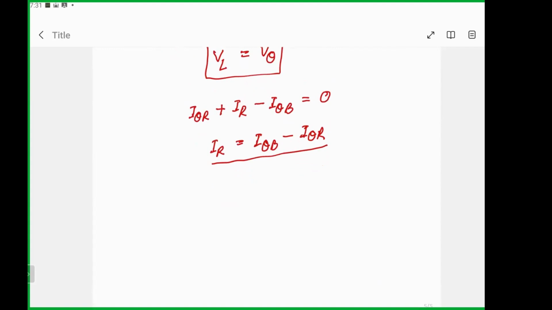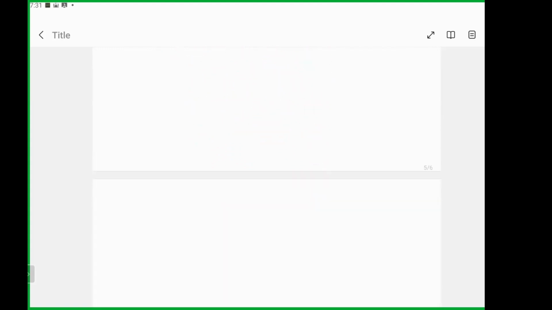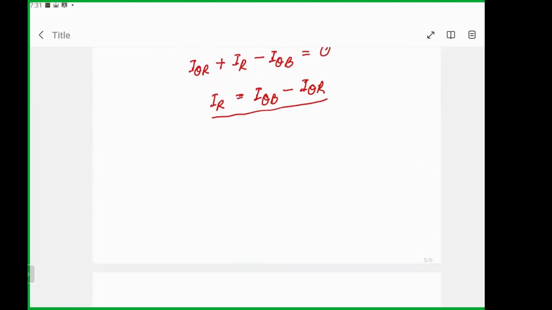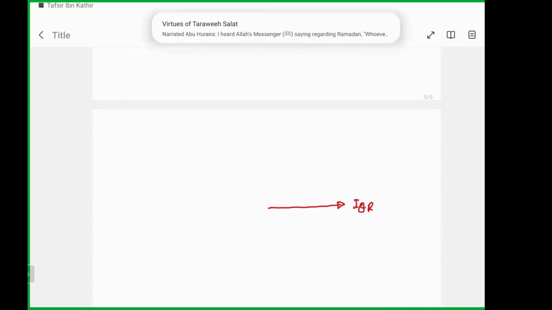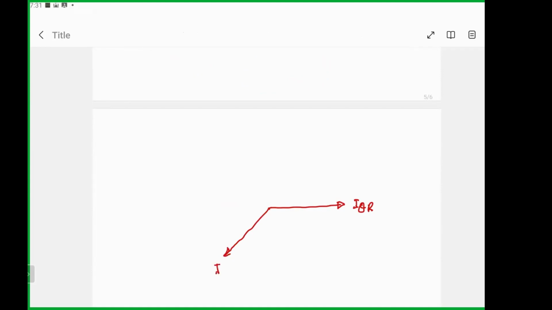Now, this should be done with a vector summation. So let us draw the phase currents. All the phase currents will be 120 degrees apart. I start with I theta R, then 120 degrees away it will be I theta B, and I'm considering a balanced system.